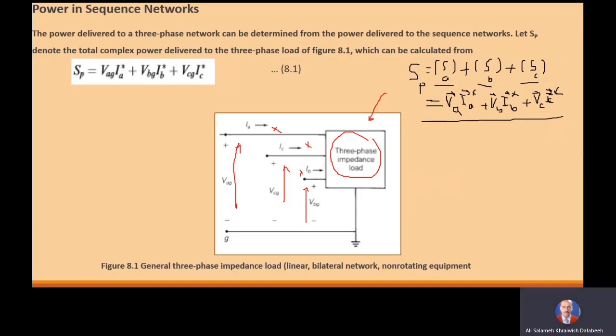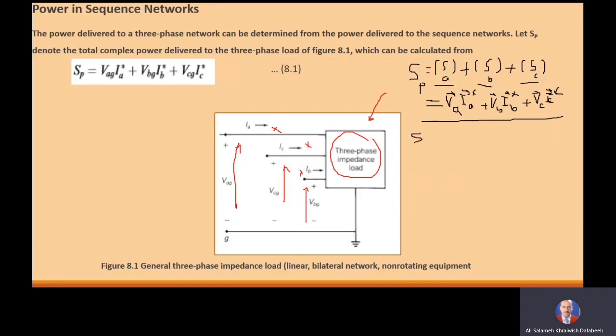Maybe we have a special case for the system. The general case is that the system is asymmetrical. A special case is when the system is symmetrical.